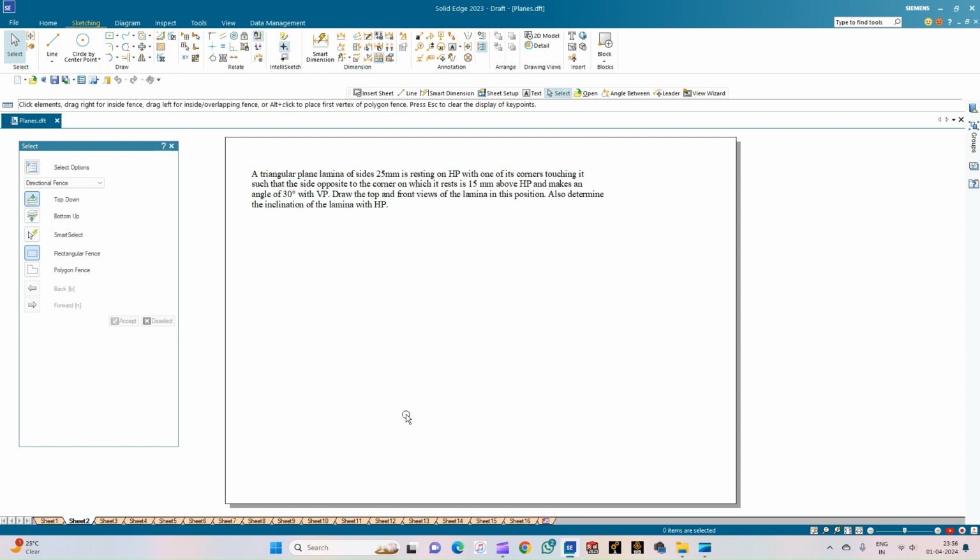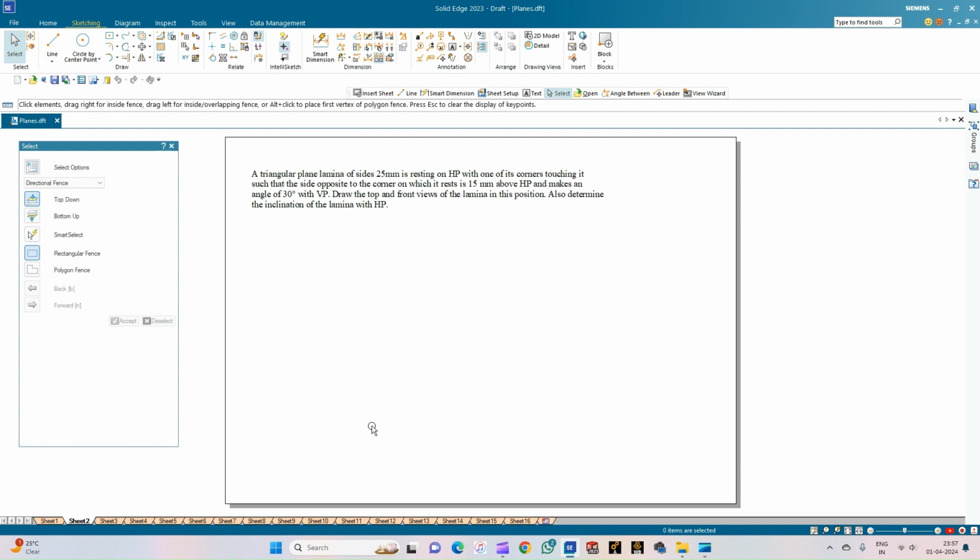For example, if a triangular lamina is resting on one of its corners, say A, the side opposite to that will be BC, and that side BC is at a distance of 15 mm above HP. It also makes an angle of 30 degrees with VP. That means the side opposite to that corner also makes an angle of 30 degrees with VP.